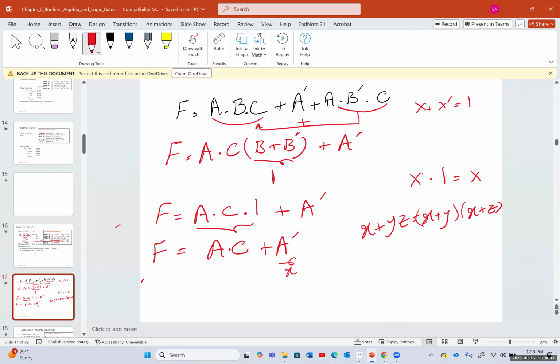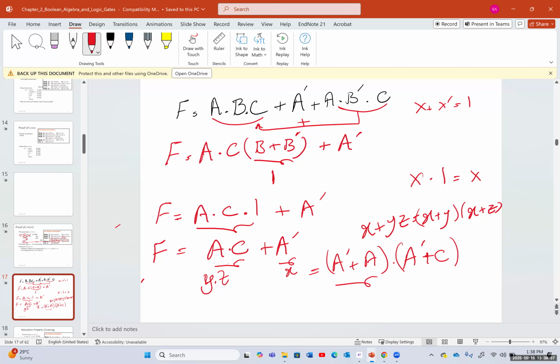This is my X. These are my Y and Z. So AC plus A prime is equal to A prime plus A and with A prime plus C. Am I correct? Yes. Using that postulate.